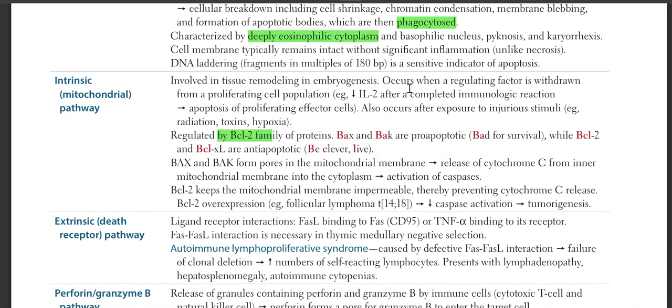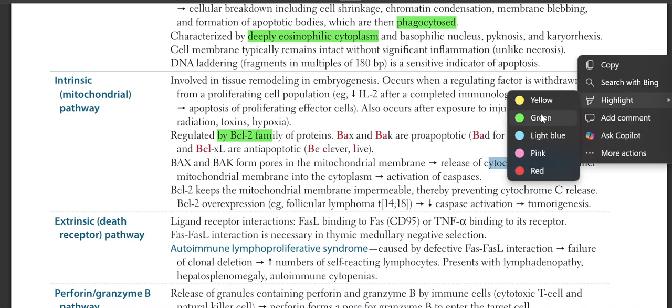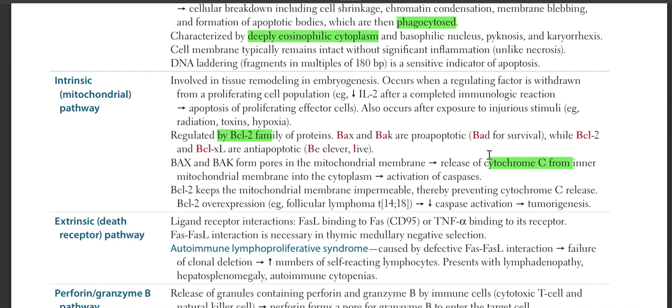If the BCL2 goes out, then you have increased release of cytochrome C into the cell, and this cytochrome C activates caspases, and then caspases start the apoptosis process.